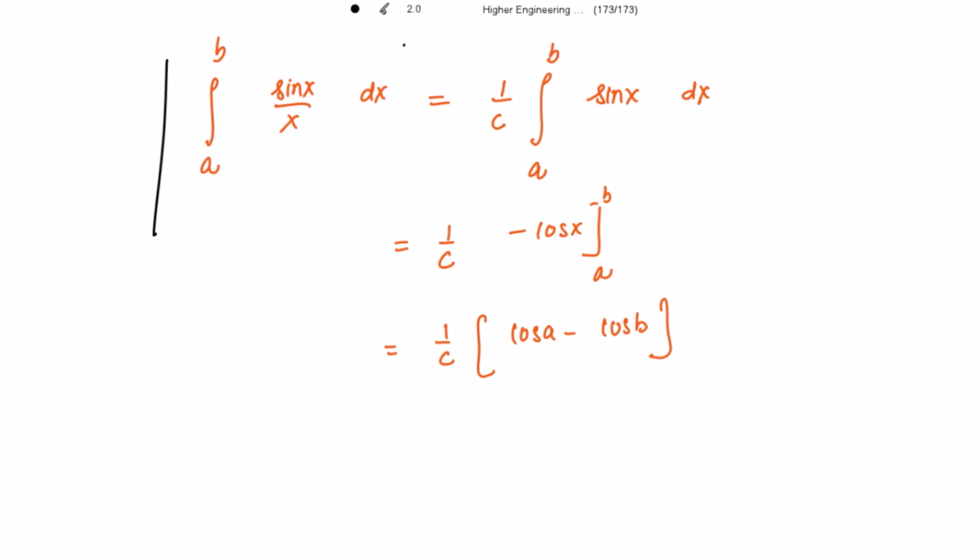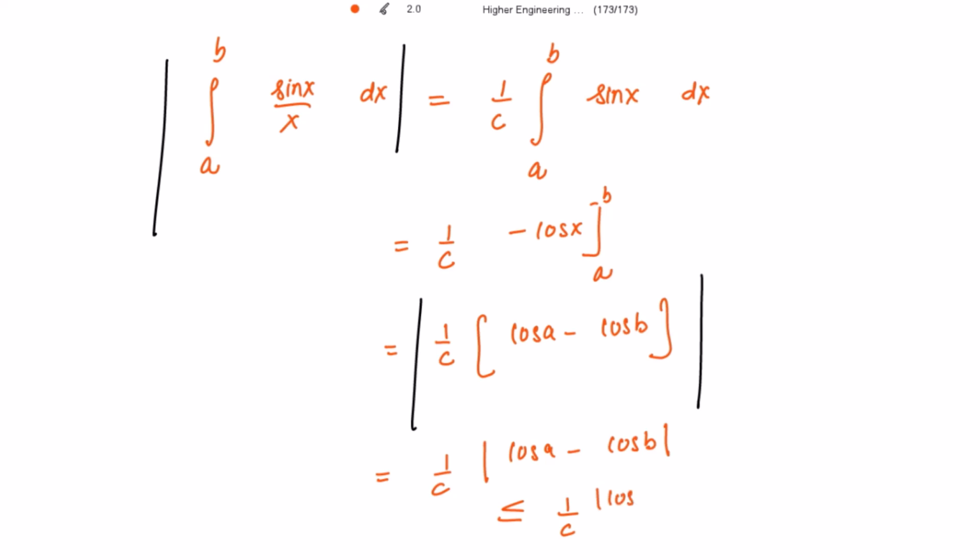Now taking the mod on both the sides, we get this to be 1 divided by c times mod of cos a minus cos b. And this mod is further less than or equal to 1 divided by c mod of cos a plus 1 divided by c mod of cos b. Now the absolute value of cos x can take values from 0 to 1, right?